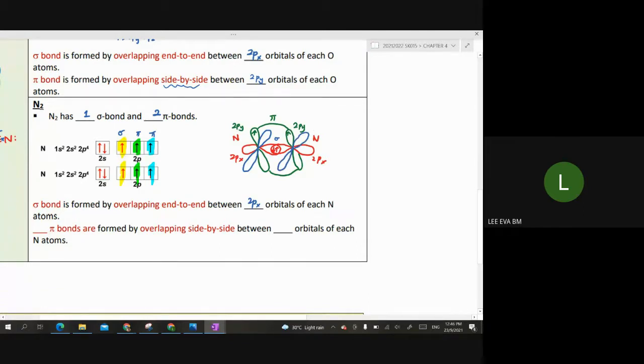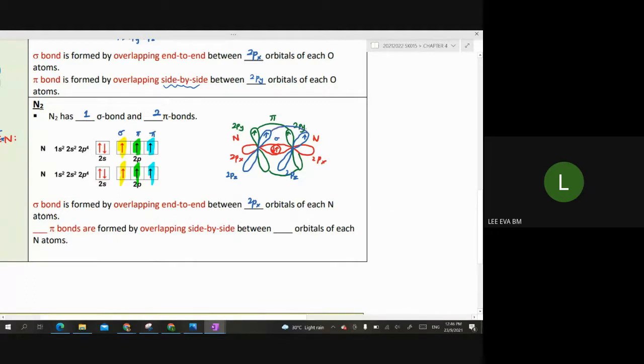Here, the blue color is our 2pz. So Madam puts 2pz here for the blue color one, and each of them has one single electron. Now when you have drawn the dumbbell shape, you need to label. When you draw one pair, label straight away.